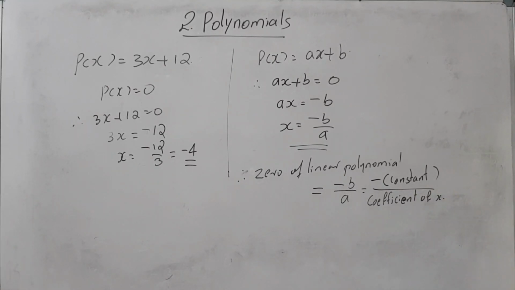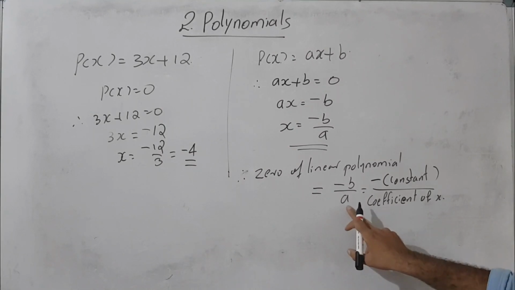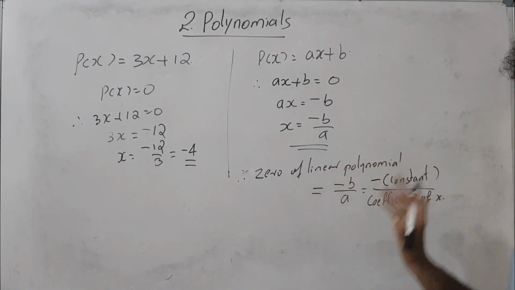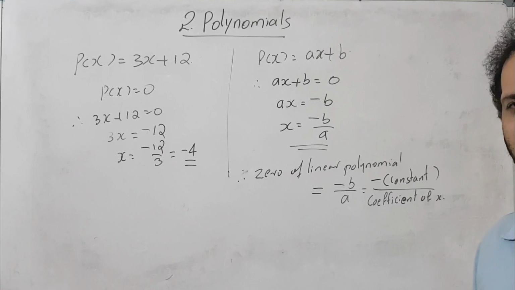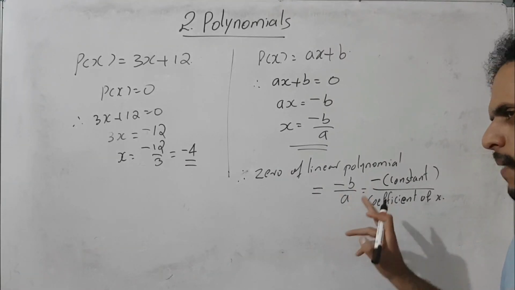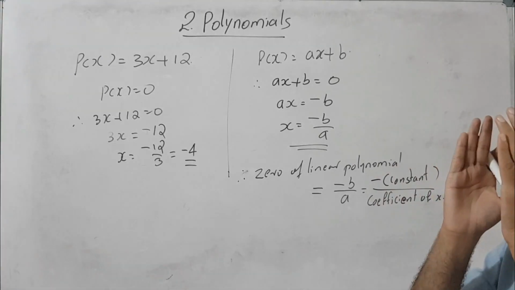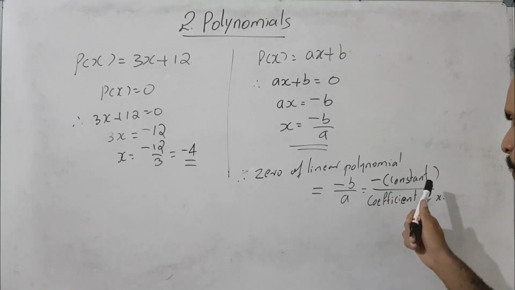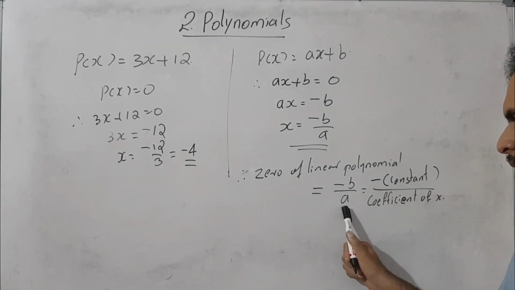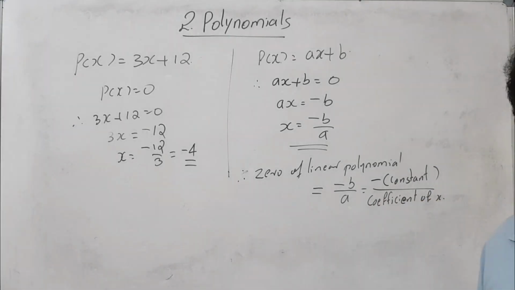Correct? So, what is the 0 of a linear polynomial? In every case, the 0 of the linear polynomial is minus b by a. Okay? To remember, what is b? b is the constant. And what is a? Coefficient of x.